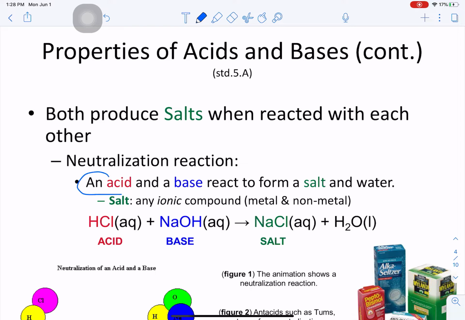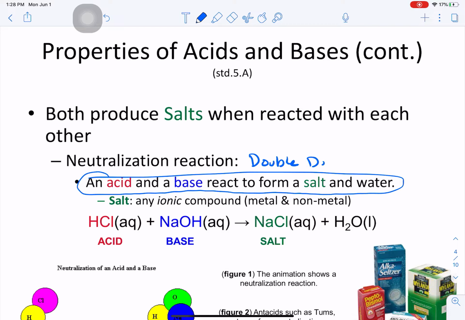An acid and a base react to form a salt and water every single time. These reactions are just double replacement, or double displacement. That's all they are.